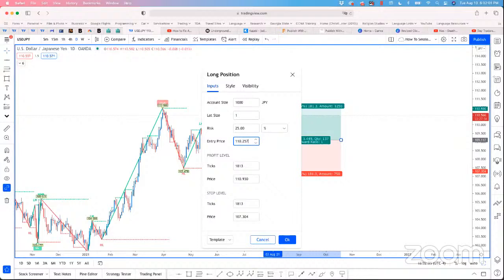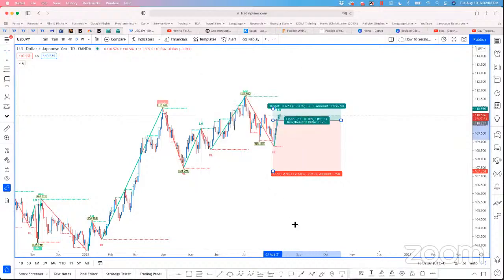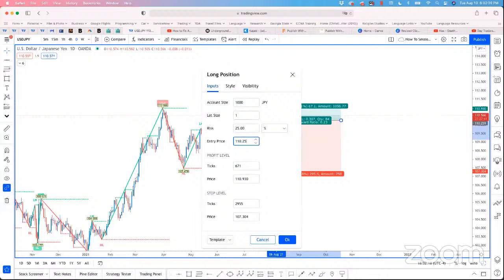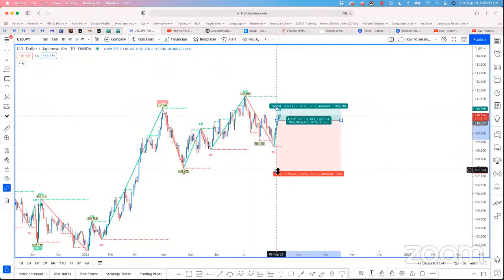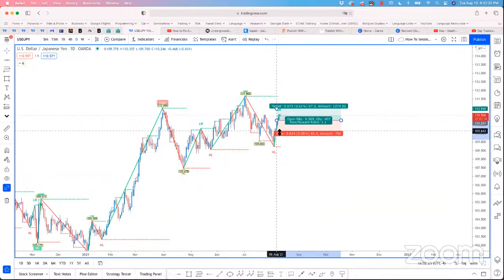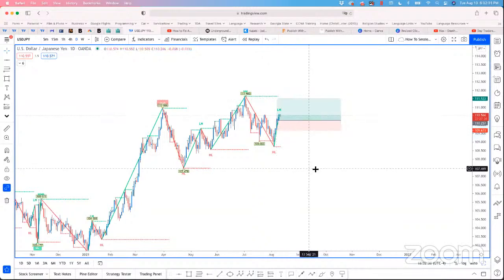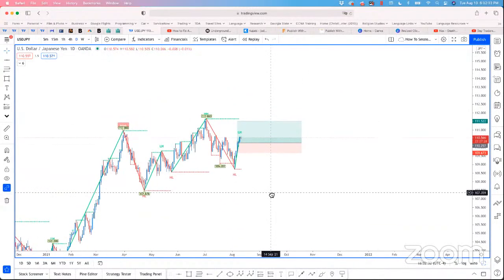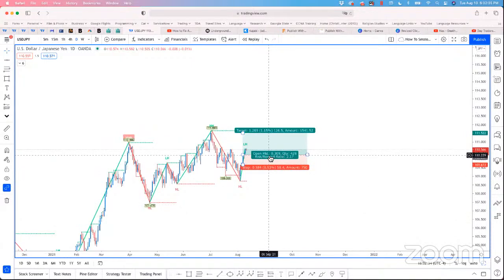The buy on UJ is at 110.257, and currently it's at 110.563. I'm seeing it now. You up 30? Yeah.